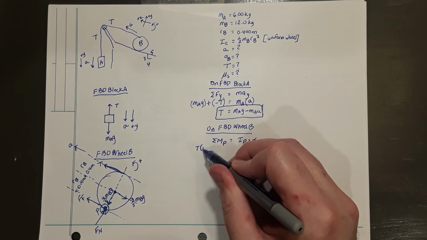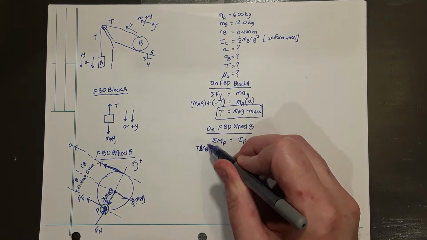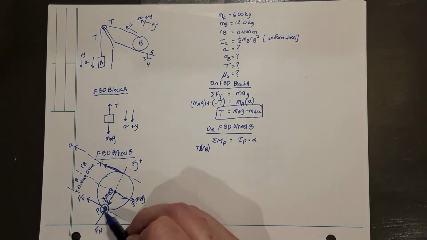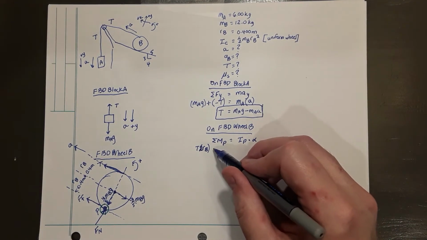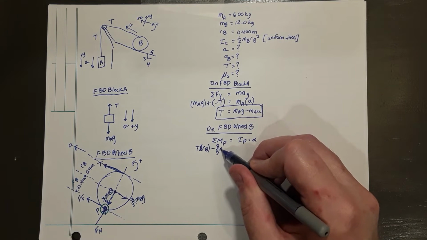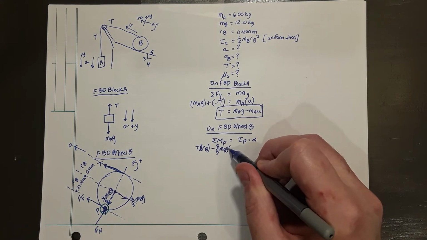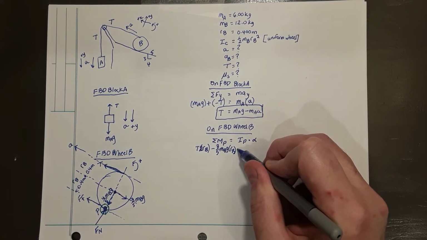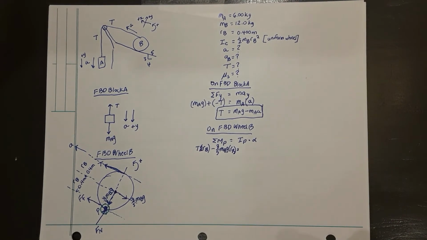Tension acting at a distance of two radius b's from point P is going to give us positive rotation, and the 3/5 MBG is acting at 1 radius b. That's going to be a negative component.